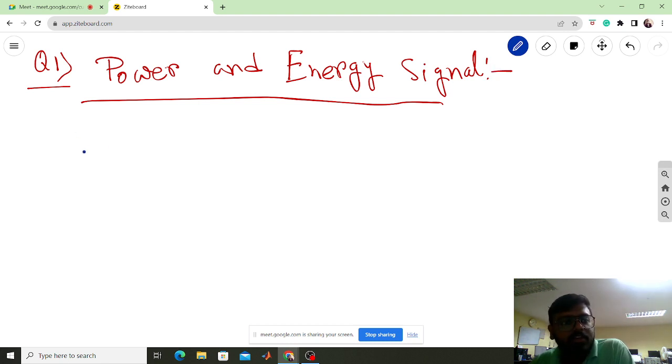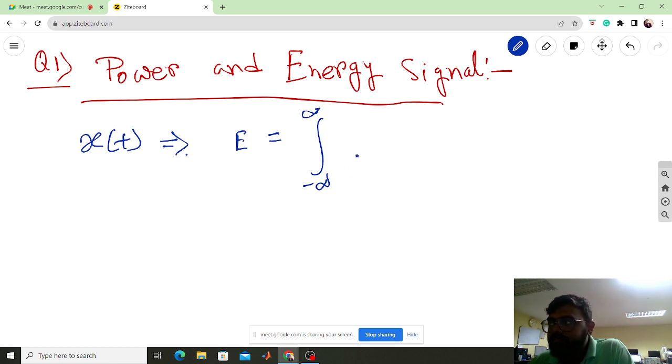So basically, if you have a signal x(t), the energy of that signal is the integral from minus infinity to infinity of mod of x(t) squared dt.